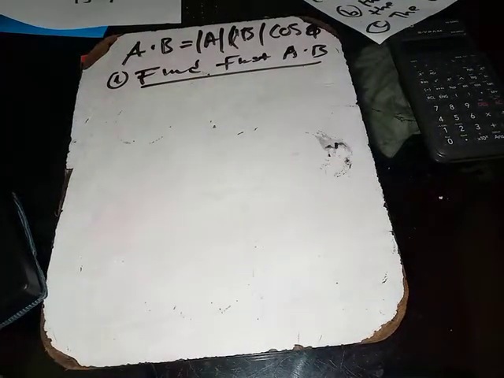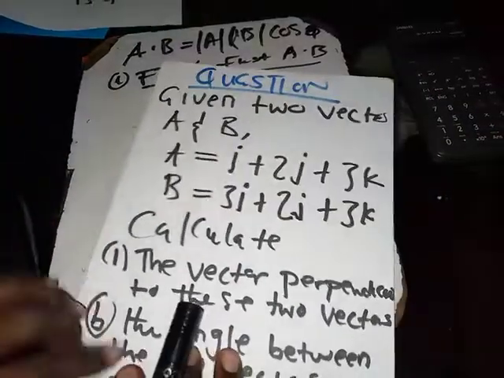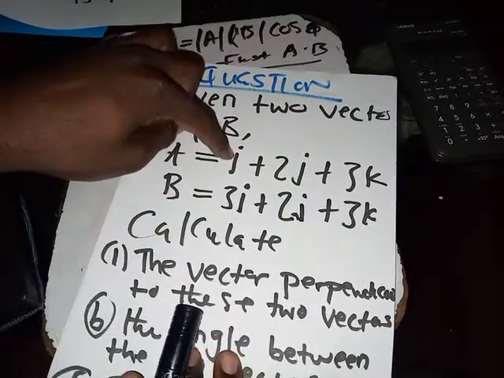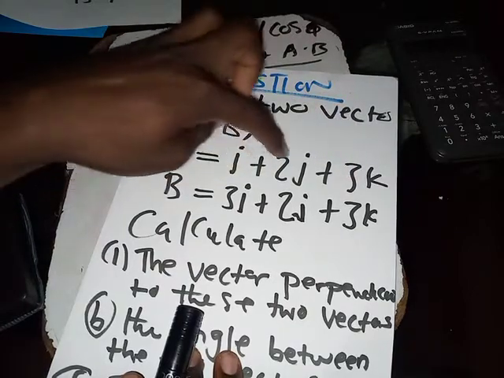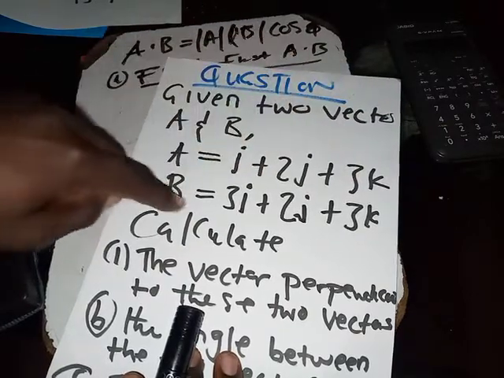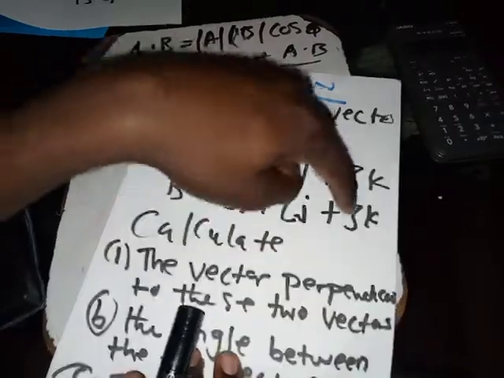There's a simple way to do this. Remember, vector A is 1, 2, and 3, meaning 1i, 2j, 3k. Then vector B is 3i, 2j, 3k.